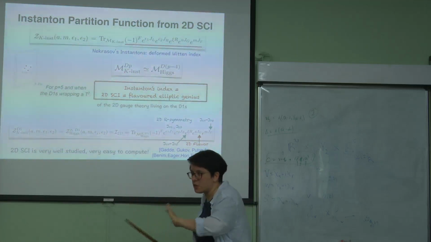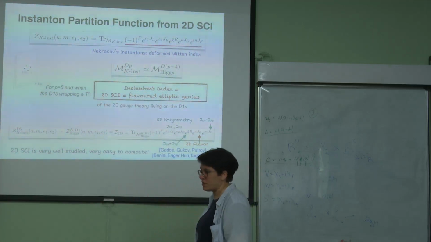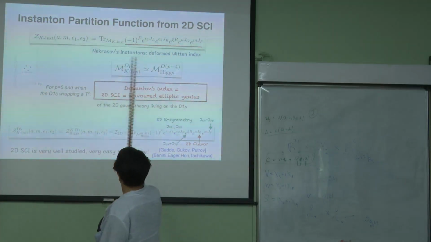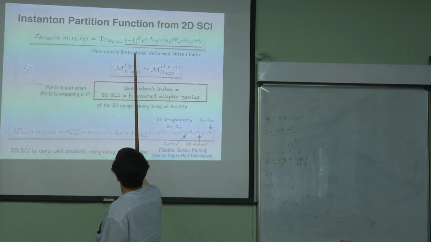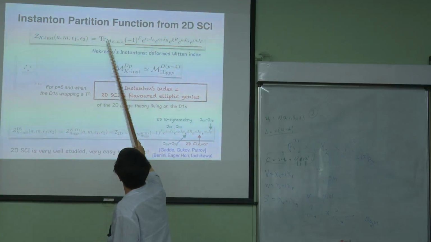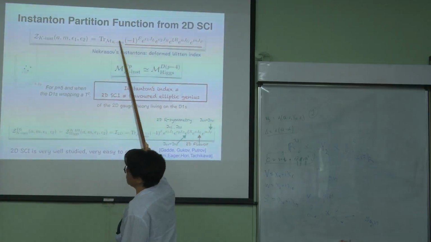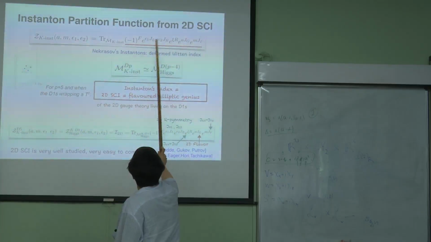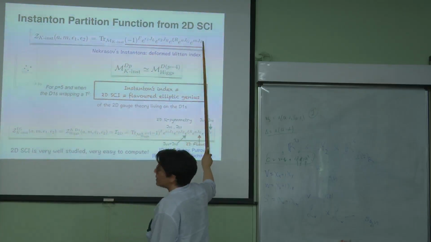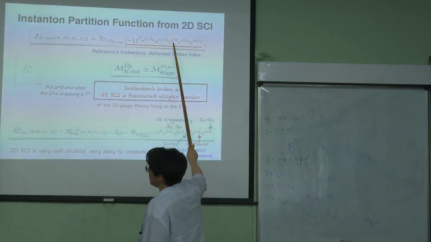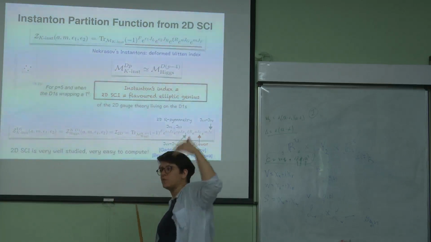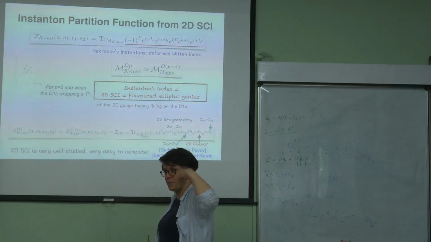Now, there is clearly no Nekrasov for N equal to 1 theories, but let's review what Nekrasov was doing. One of the ways you can write Nekrasov's calculation is that he was doing a trace over the instanton moduli space of some index with these fugacities, where he had to choose psi as some linear combination of epsilon1 and epsilon2, because he was borrowing the results from the topological twist of Witten.